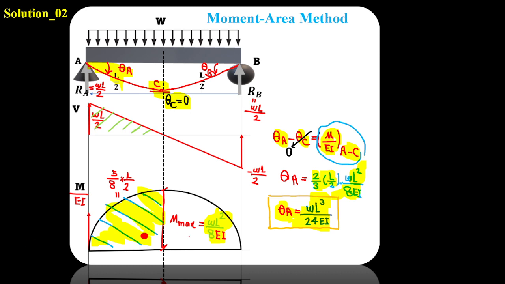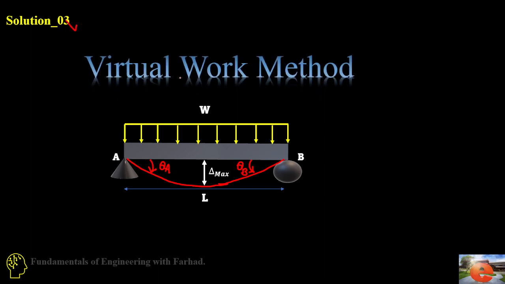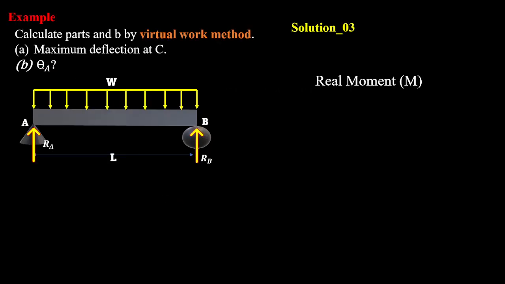Now we'll go a step farther and solve it with our third solution, which is from structural analysis, and that's the virtual work method. In that case, we are in part B of the previous problem.